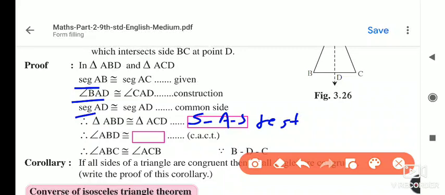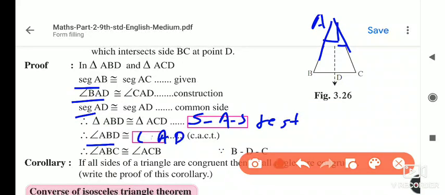Once they are congruent to each other, their corresponding sides are also congruent and corresponding angles are also congruent. Therefore, angle ABD is congruent to angle CAD.